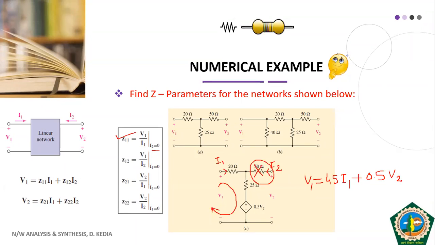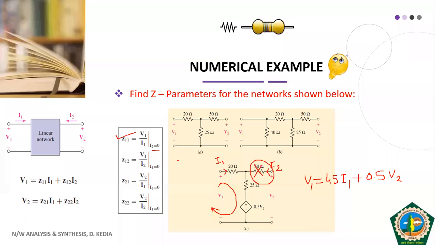This is what we have written. Okay. Now what next? Next thing is we need to find out the value of V1 upon I1 given I2 equal to 0. So we have taken into consideration the consequence of I2, that is 50 ohm resistance will not have any drop. This V2 will come here.